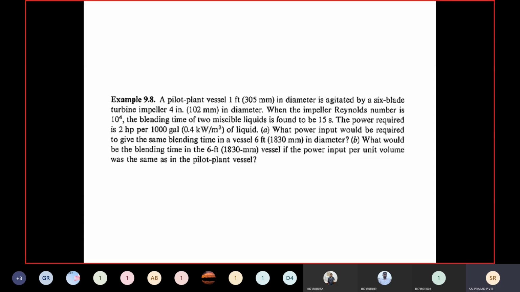Hence we are supposed to do rigorous experiments in the laboratory. The data should be transferred dynamically, geometrically, and kinematically to the pilot plant vessel, and from the pilot plant vessel, after you get confidence, we should go to the production block where the large scale production will start.